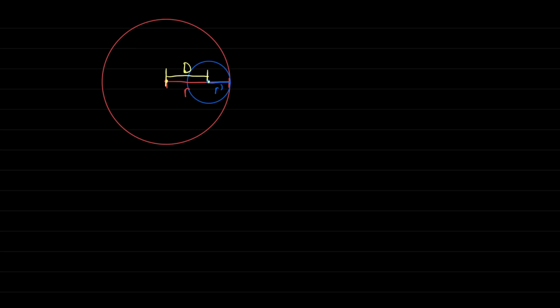That equation says that R, the radius of my big circle, is equal to the distance between the centers plus the radius of the smaller circle, so R prime. So we can use this to solve for R.